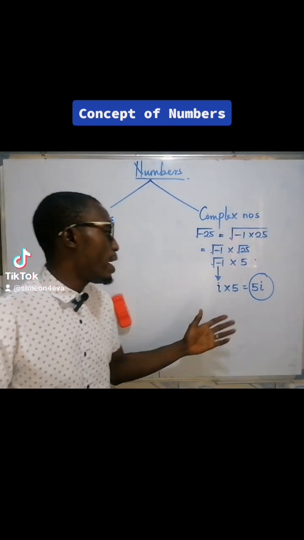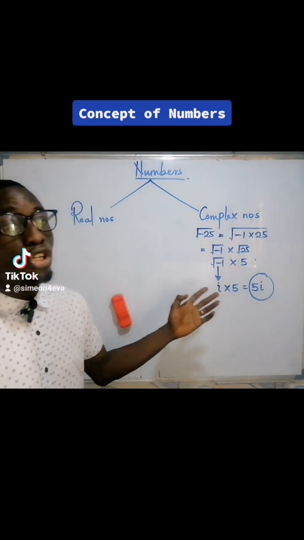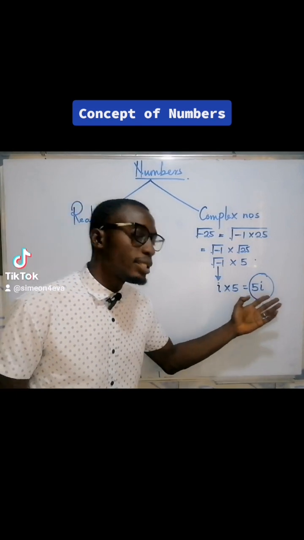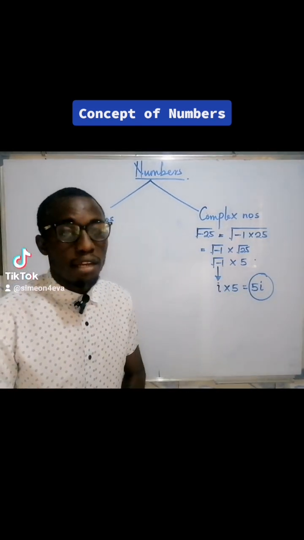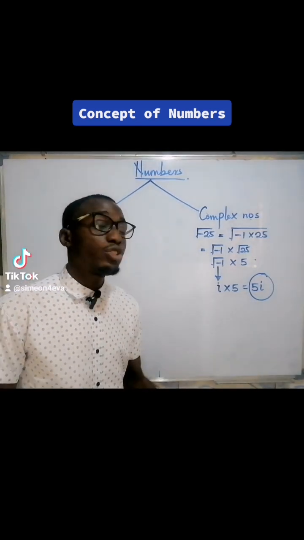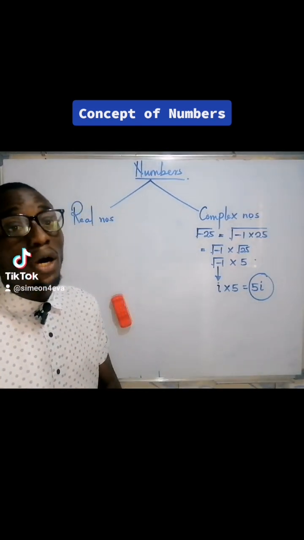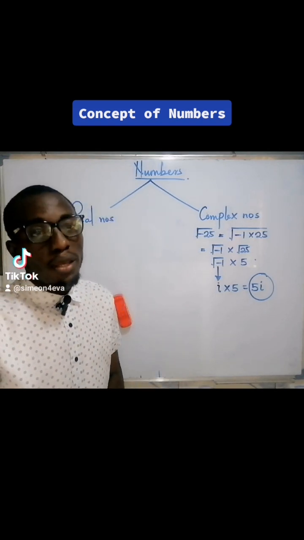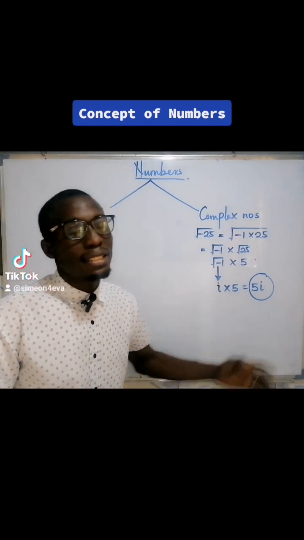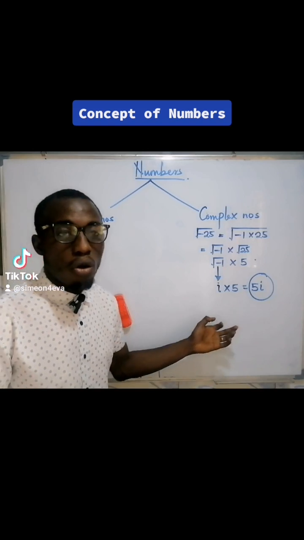It's funny, right? So this aspect of math is what is called the complex number. That was what I said in my earlier introduction, that this aspect you might not have come across, except for those that are in the advanced class. But if you are interested in this, after watching this video, you can drop it in my comment section and I'll do an extensive video on complex numbers.